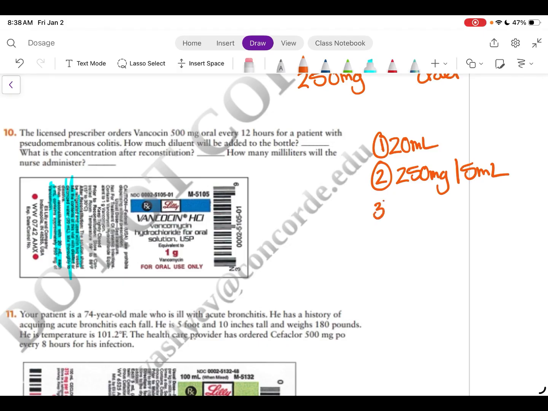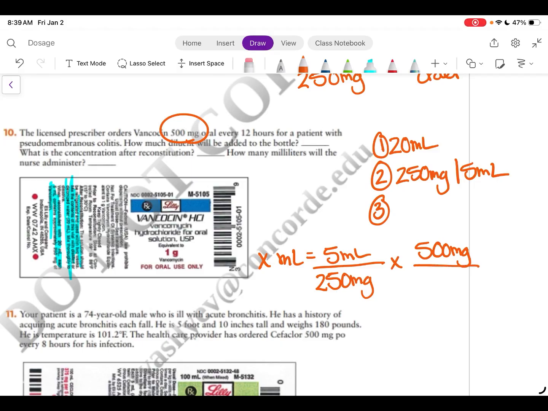And then number 3, of course, how many milliliters will we give to the patient? I'm using the concentration we just figured out, and I'm just going to flip it upside down. My order for the patient was 500. When you do the math, you'll get 10 milliliters as your final answer.